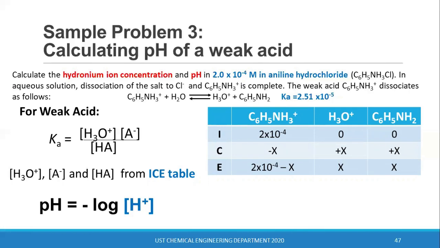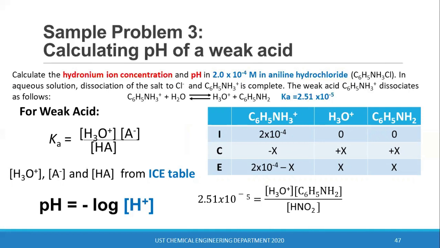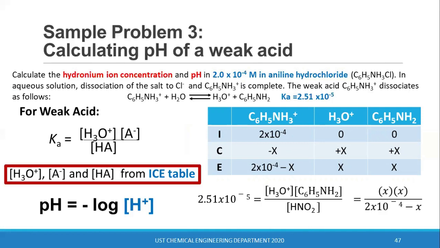Writing the expression for Ka will give us, substituting the values in the ICE table will also result to, the equation again is quadratic in nature and contains only one unknown. Solving for the values of x will be easier again if you know how to do quadratic equations using your calculators.